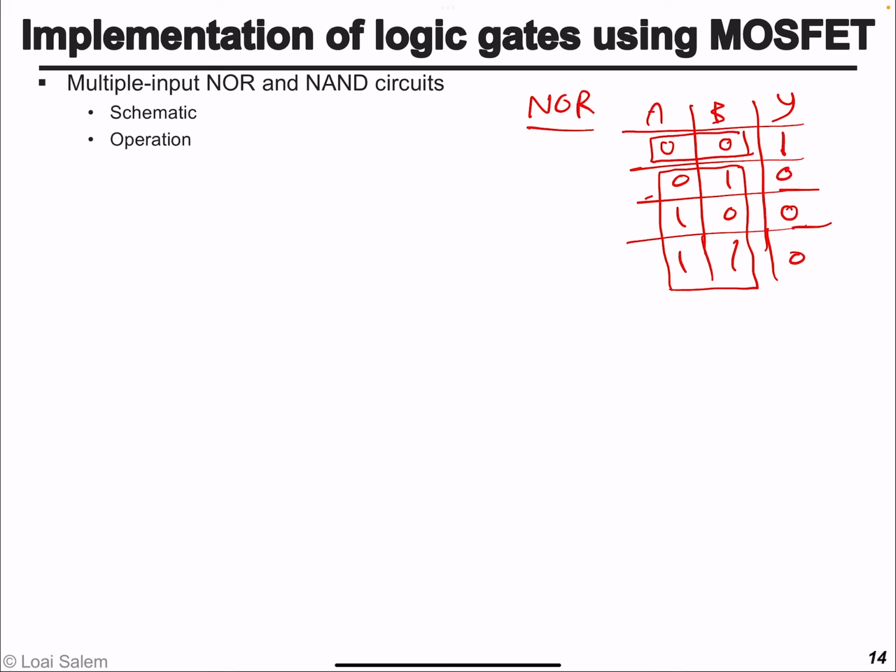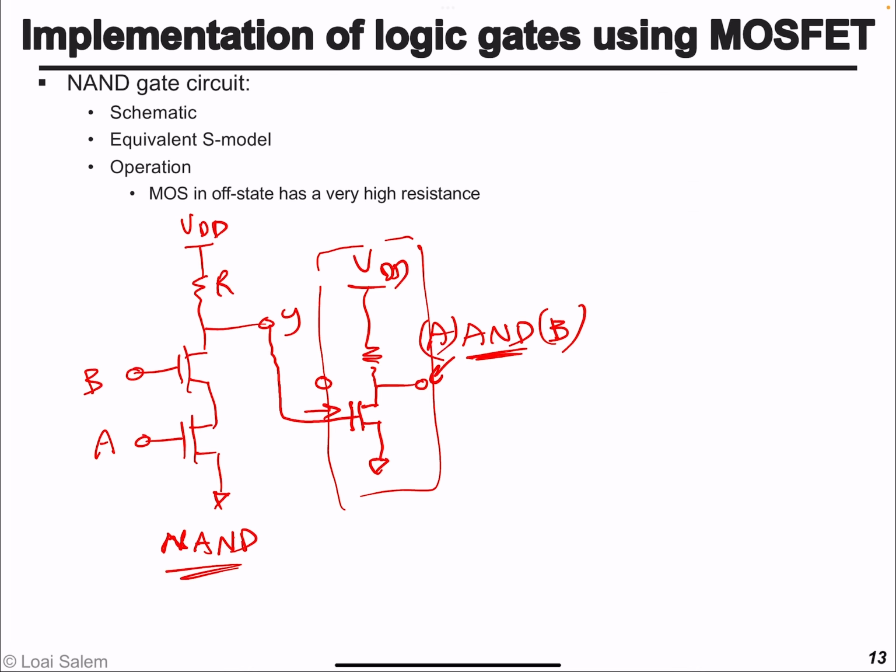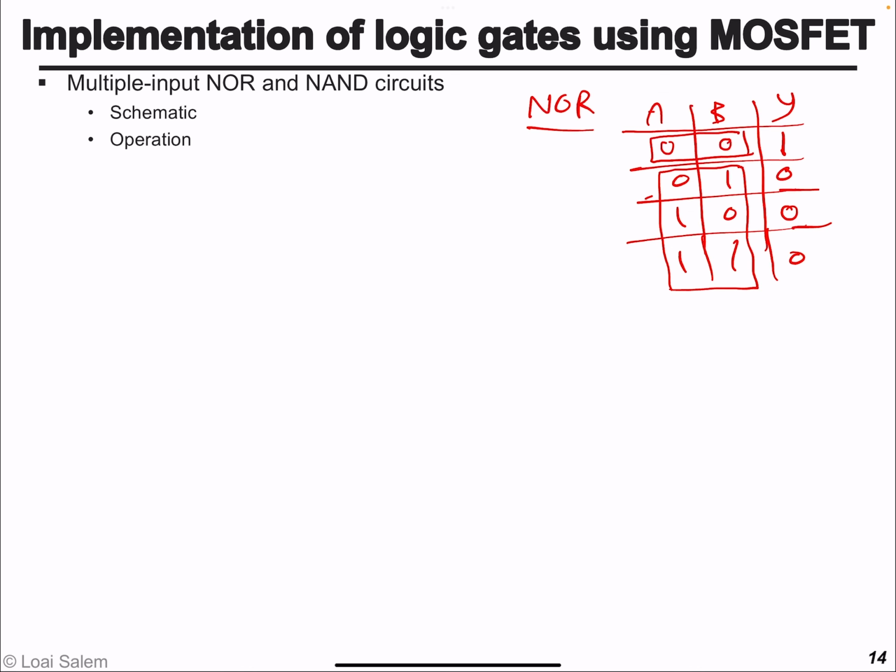So how to implement this? Well, for an AND, we connected 2 transistors in series. For an OR, we connect 2 transistors in parallel. Which makes sense. So if A is 1 or B is 1, the output will be pulled down to the ground.